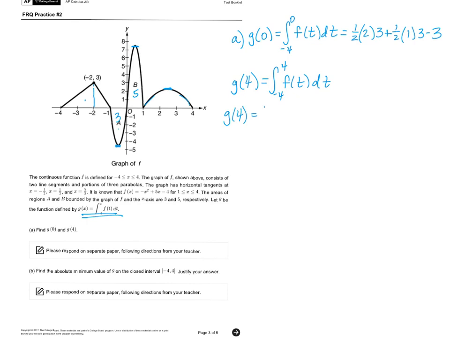This integral, I'm basically going to break up. So I'm going to go to 0, and I have that answer in letter A. Then I'm going to do the integral from 0 to 1, which I know. And then I have to do the integral from 1 to 4 of f, or I could even put in this equation, because that's what I have to do.